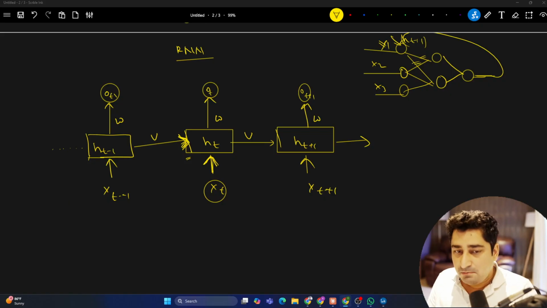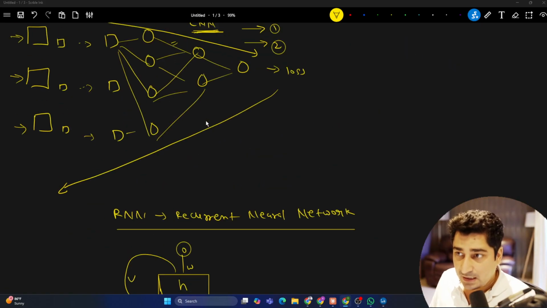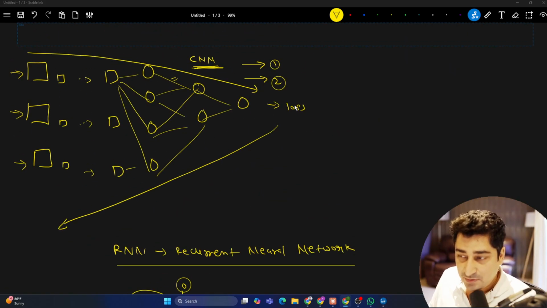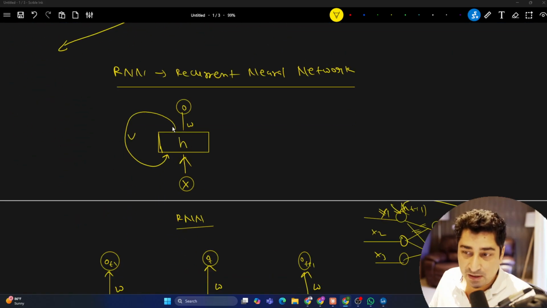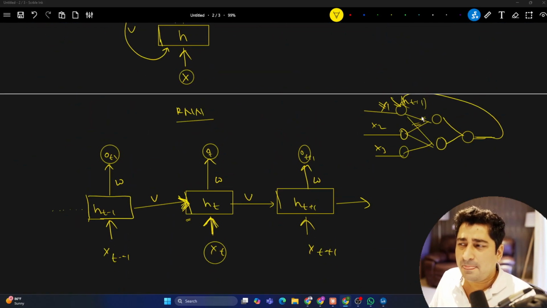So maybe it will be able to solve my memory problem. I'm not able to retain my previous state, because in this kind of network I'm just talking about the output, but not the previous state.